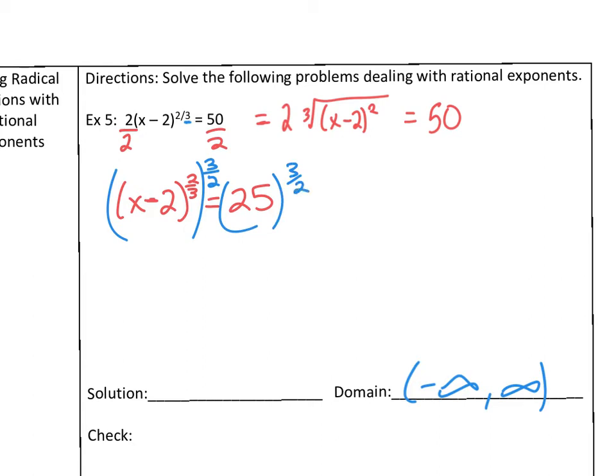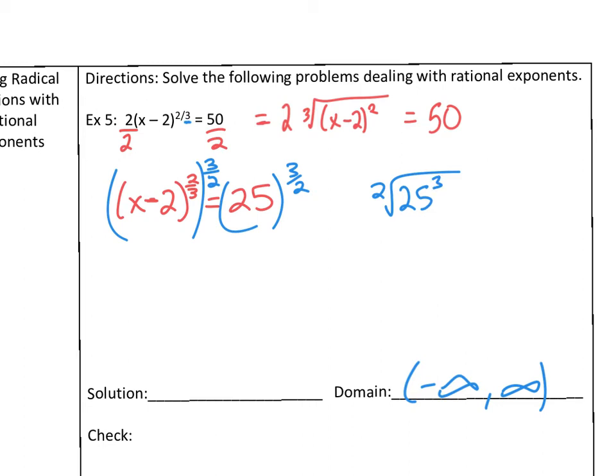Okay, now everybody pause here. So this is the one tricky part of this section to remember, okay? When you get to this point and you take your reciprocal and you raise it to that power, technically what I'm doing here is I am raising this 25 to the 3/2 power, which if I had to rewrite that, it would look like this. Correct?